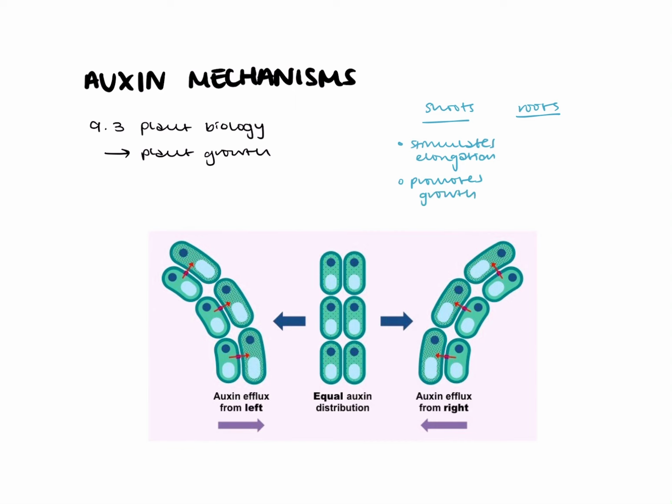Compared to in the roots, where auxin will inhibit cell elongation, limiting the growth when high concentrations of auxin occur.